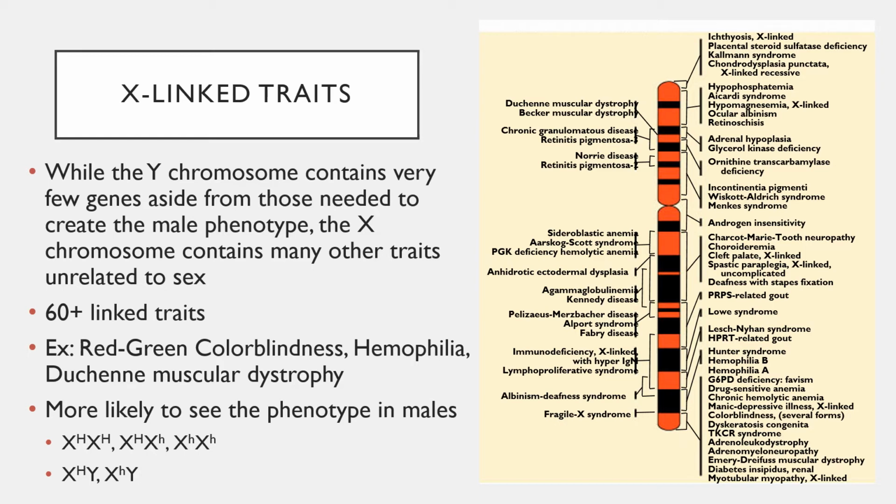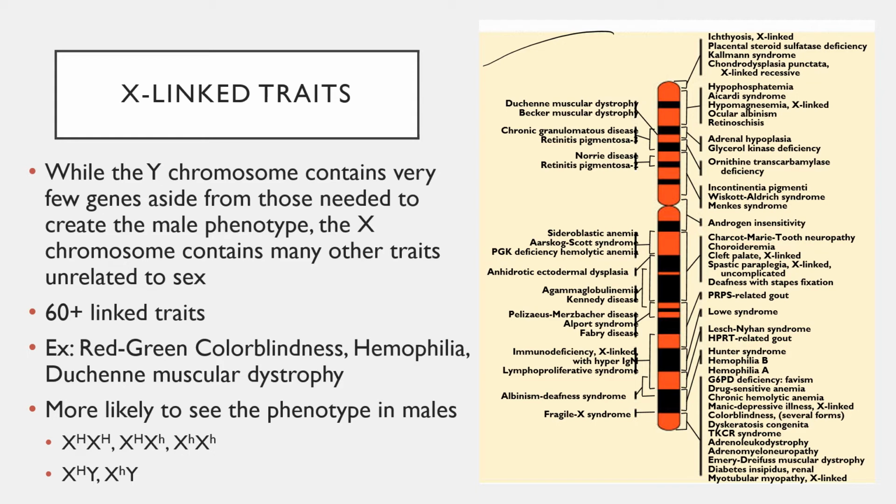So for example, certain traits that are linked to the X are colorblindness, that red-green colorblindness, or hemophilia, the ability of your body to clot its blood properly, or Duchenne muscular dystrophy. You can see in the graphic here most of the particular traits that are associated on that X chromosome.